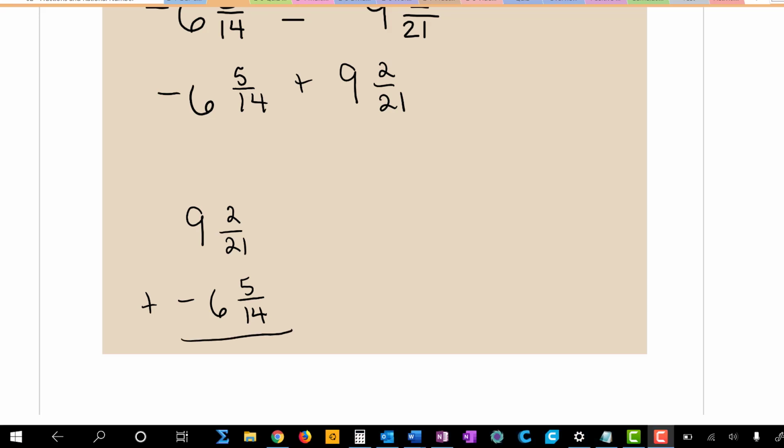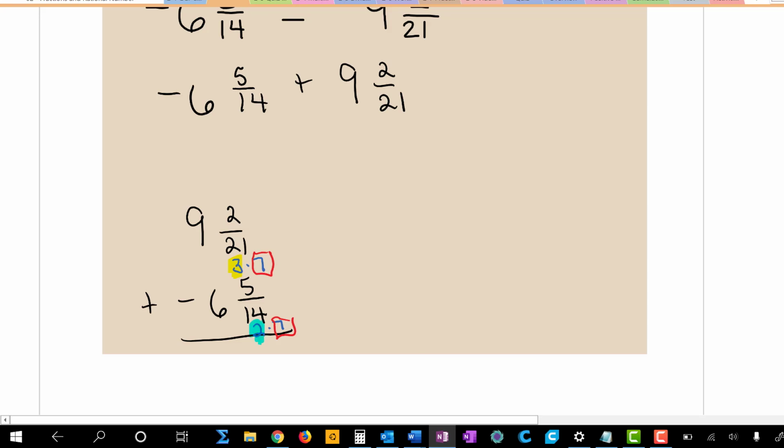Next, we're going to see if we have any common factors. Well, 14 is 2 times 7, and 21 is 3 times 7. So we have a common factor of 7. So we already have that in common. We just need to take the factors that we don't have in common and multiply the other fraction by it.